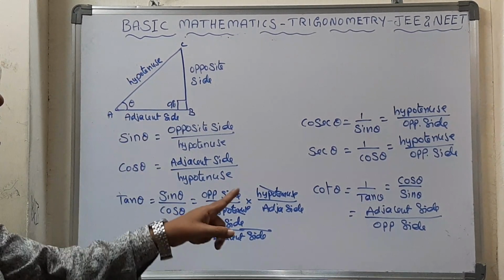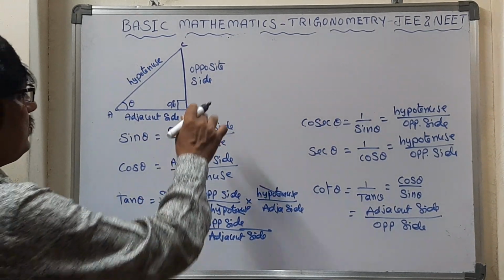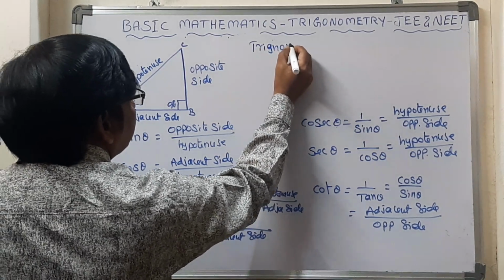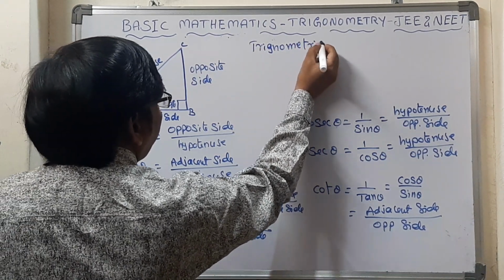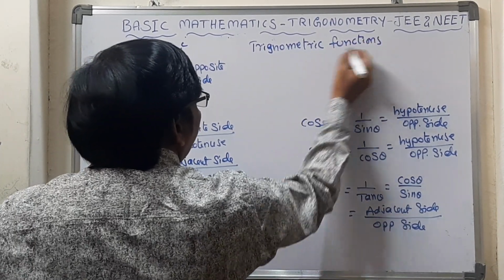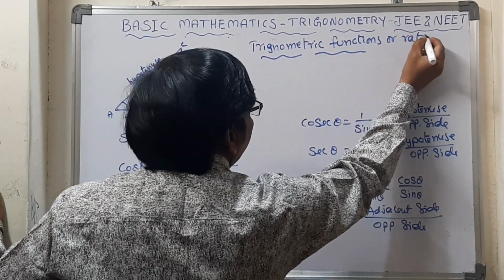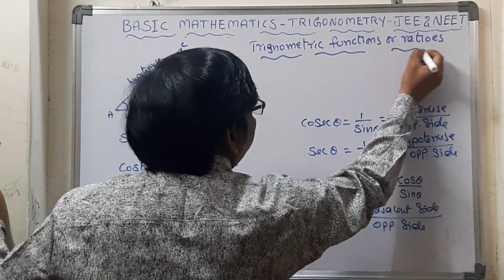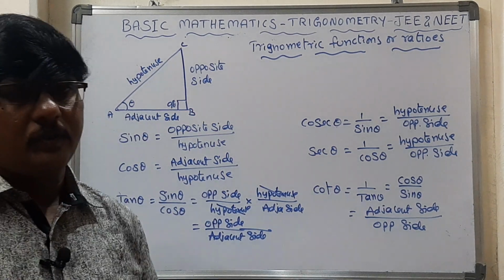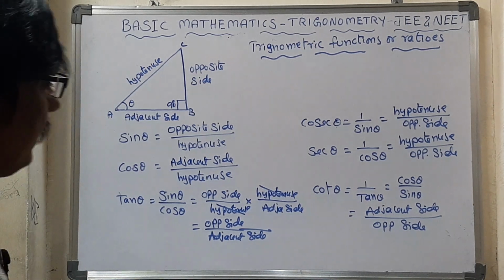All of these are called trigonometric functions, or also trigonometric ratios. Got it? Okay, now take a screenshot of that, and next we will go for the next one.